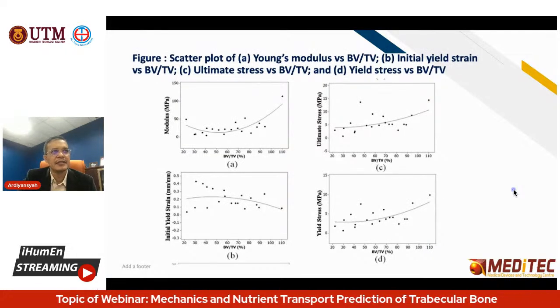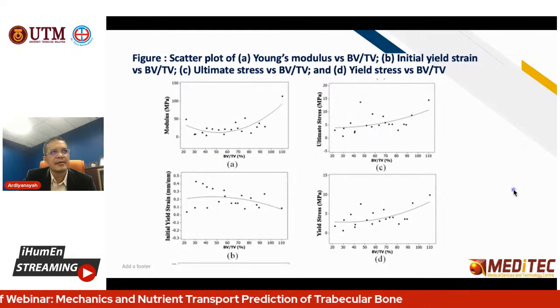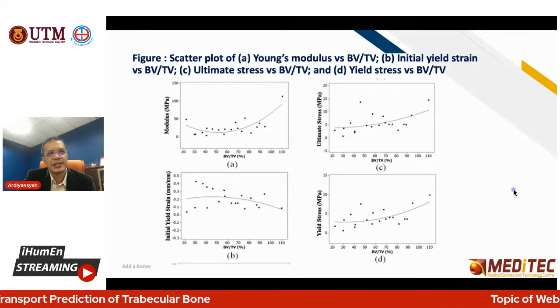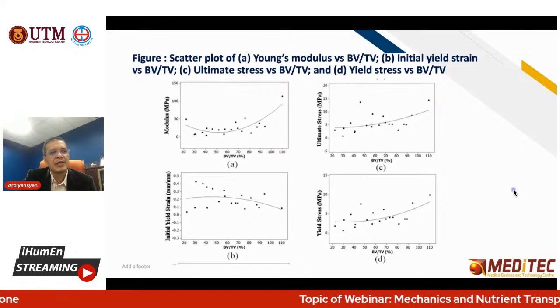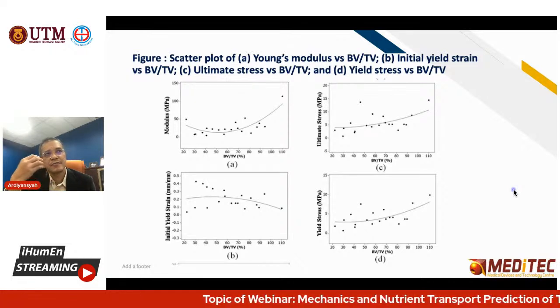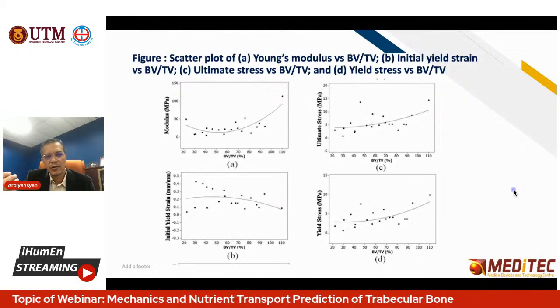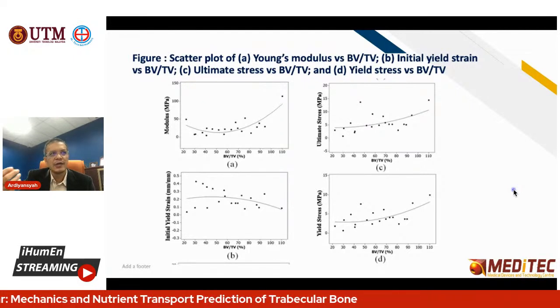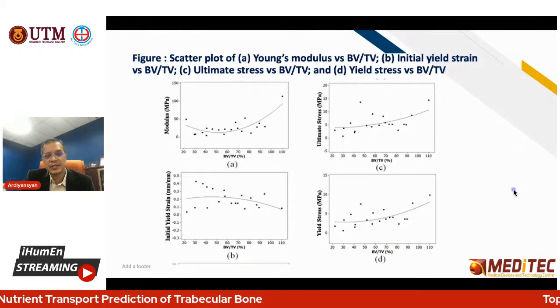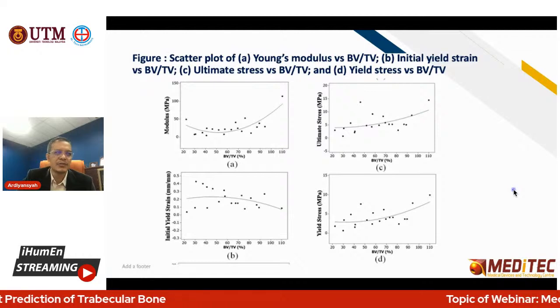Okay, let's say like this. We can check how the modulus is affected by the volume fraction. From the analysis, the volume fraction actually affects the mechanical properties of trabecular bone the most.